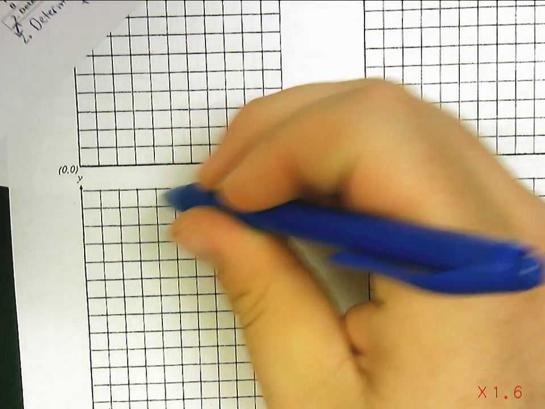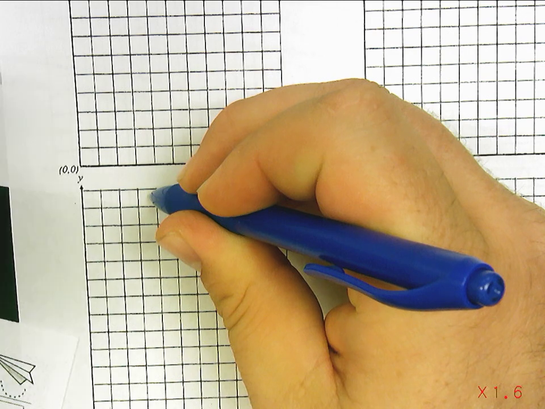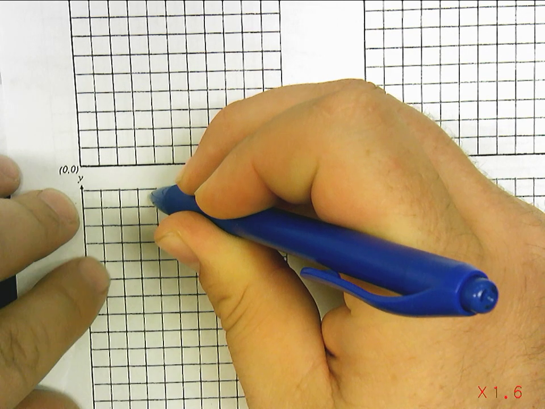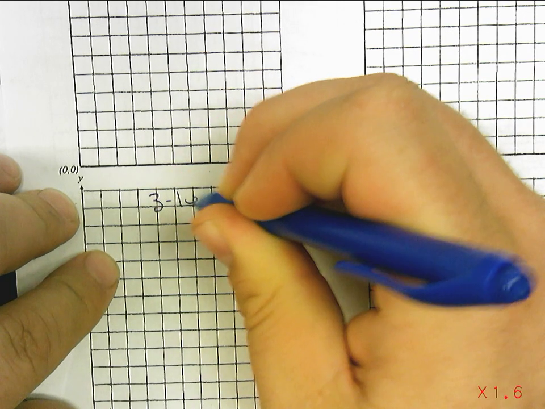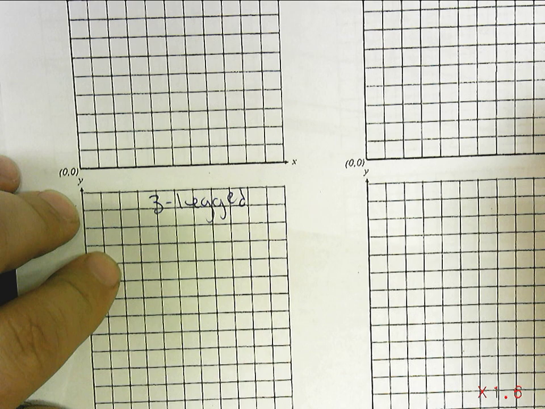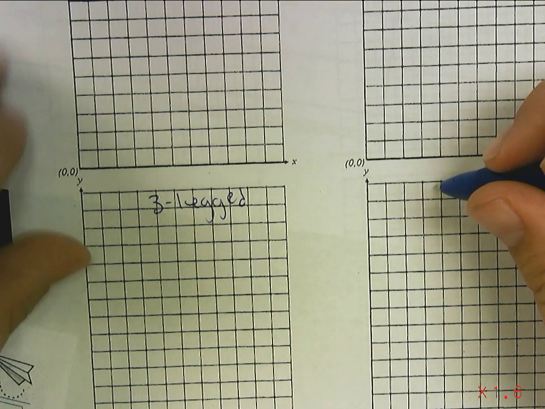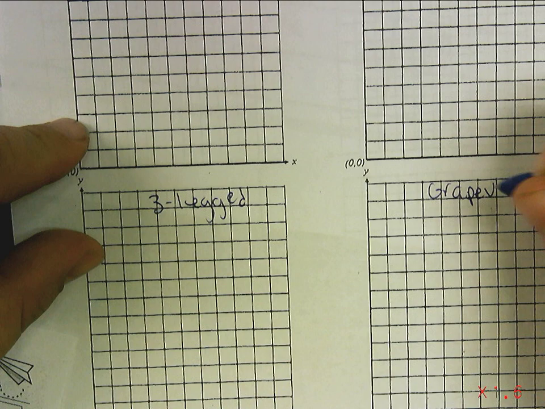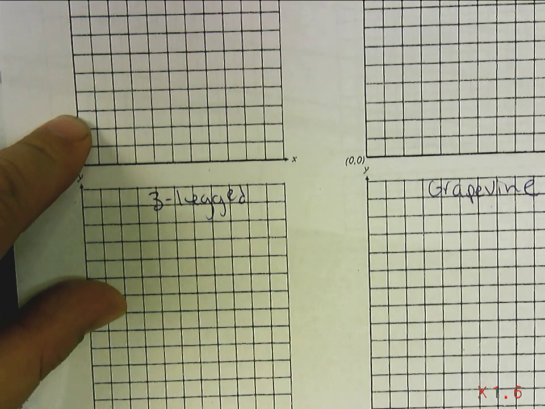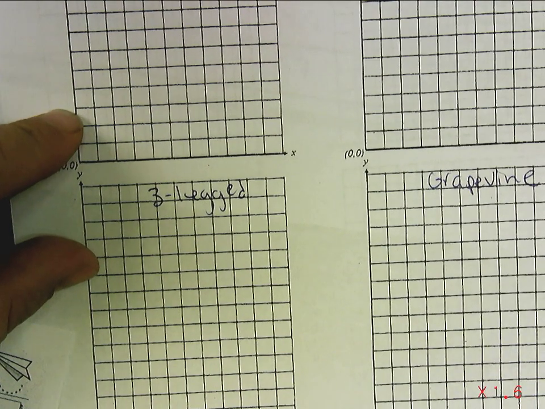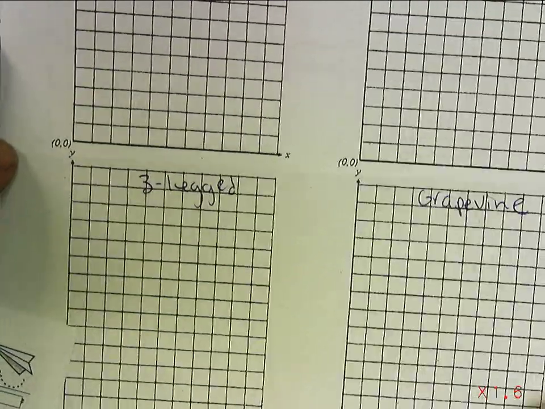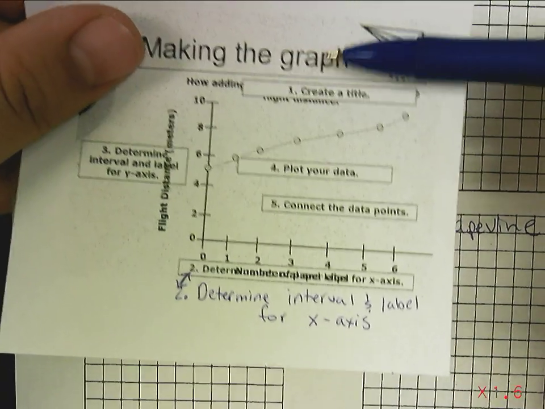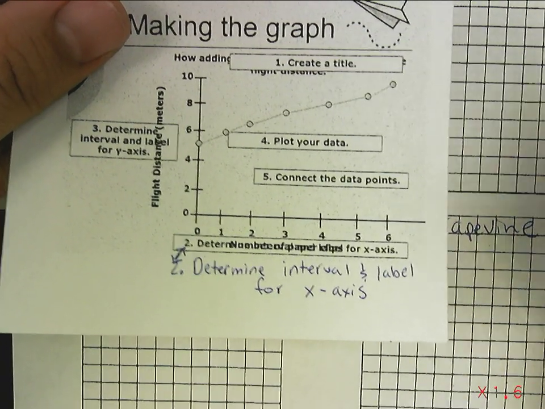I would write a little bit in the top here. Our fourth event is 3-legged. And then student choice, which we did the grapevine. Okay, and then you leave the last blank unless you make a mistake. All right, so that took care of step 1, create a title.